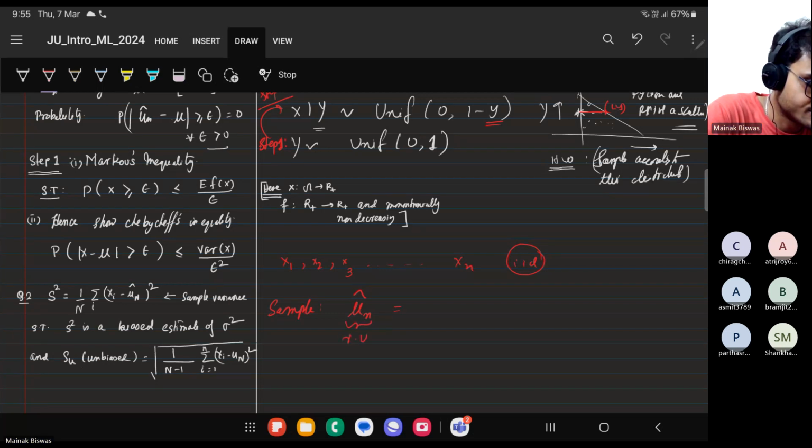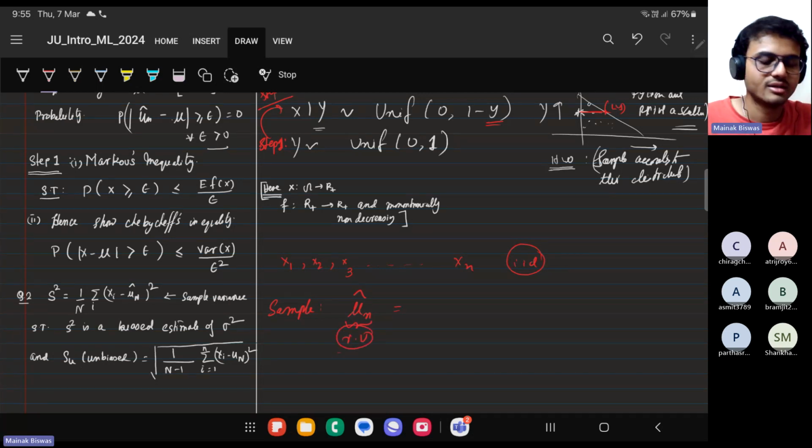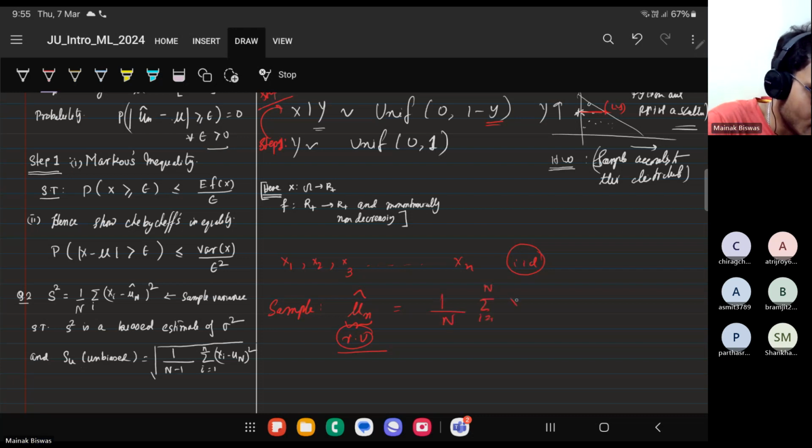Remember that. Let me define sample mean as 1 by n summation of i equal to 1 to n Xi. So n is known to me. Expected value of X1 is given to be mu, and variance of X1 is given to be sigma squared.